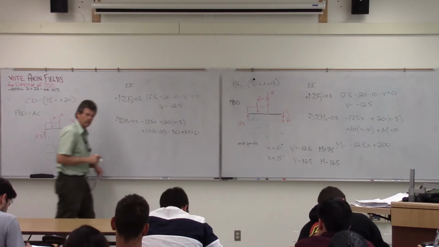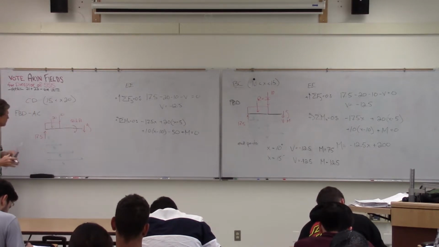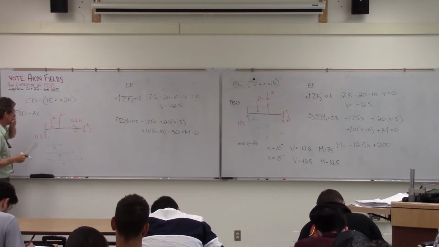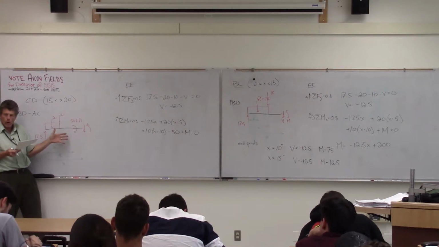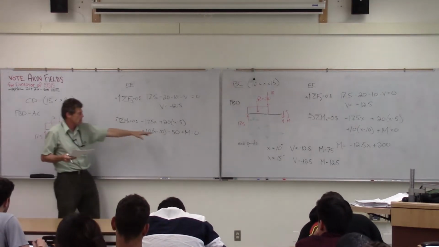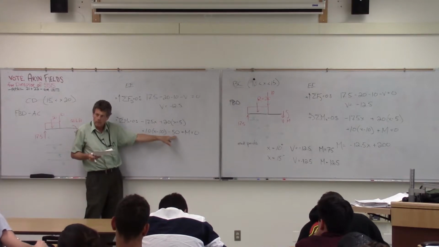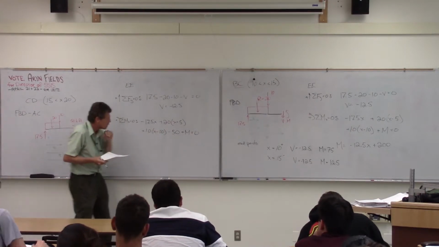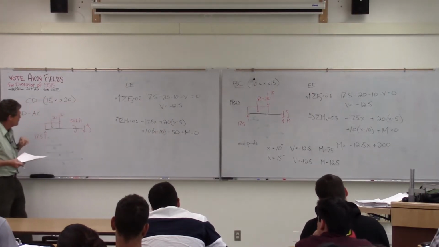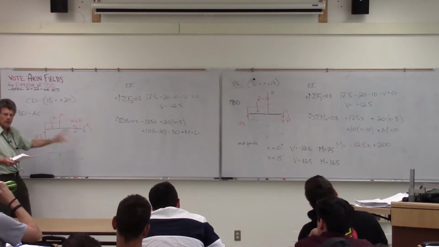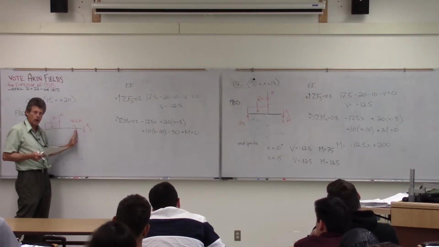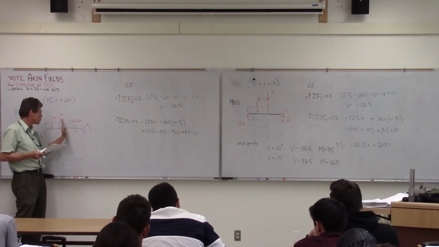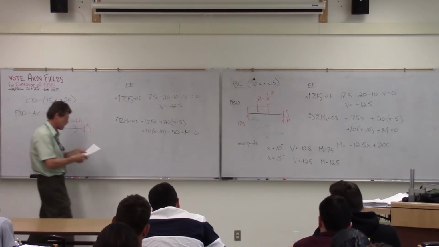And then I include my variable. So key thing with the concentrated twist, if you see one, it's already in moment form, length per weight or force. It doesn't matter where it is. The only key thing is does it show up on the free body diagram based upon where you cut it. When we cut it over here, it didn't show up. Once we got over here, it showed up in the cut.